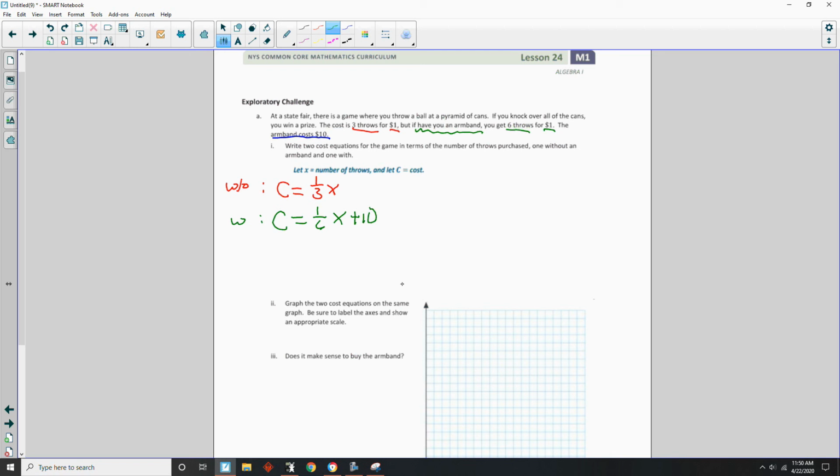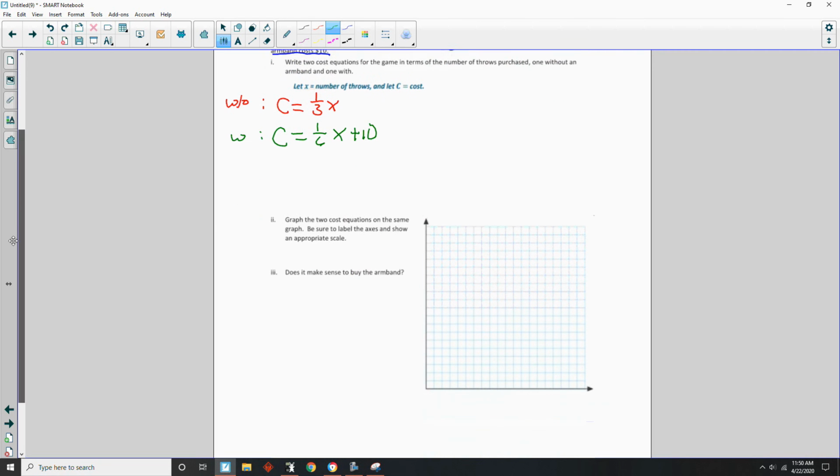So there's our 2 cost equations. If I don't buy an armband, every throw is going to cost me 1/3 of $1. If I do have an armband, it's going to cost me $10 for the armband plus 1/6 for every throw. So if I throw 6, it's going to cost me $1 plus the 10 for the armband. That's $11. So there's our 2 equations.